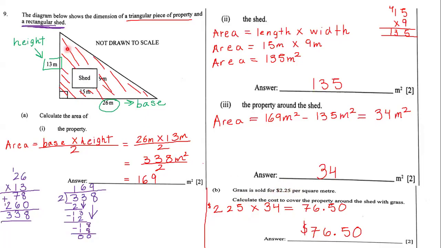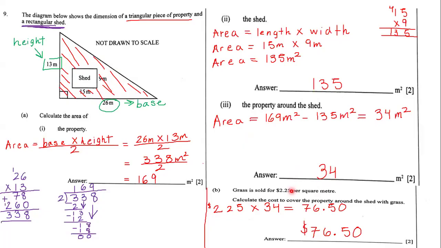But the area that we want to cover, how many square meters is that, Latavia? It's the same area right there that we want to cover. How many square meters is that? That's this, right? 34. 34, right?